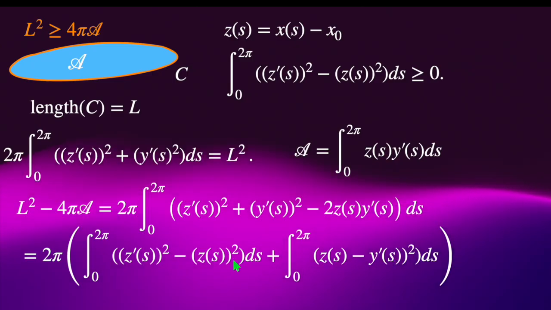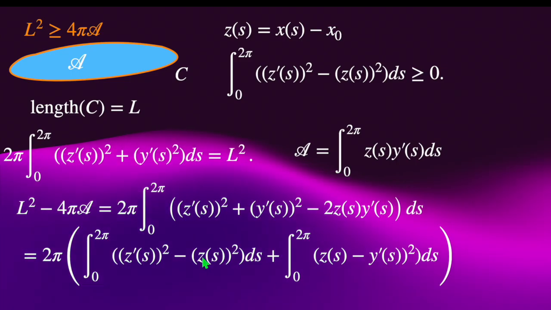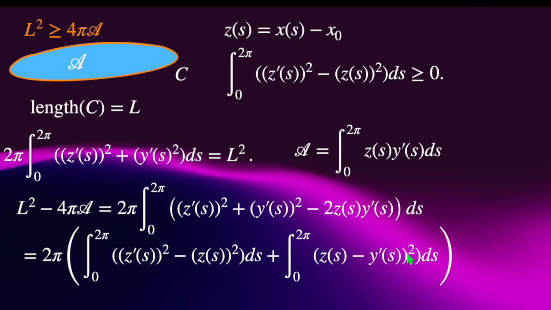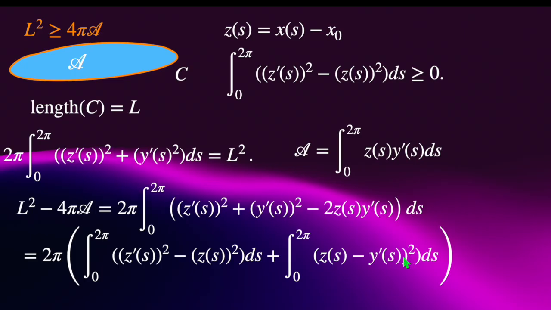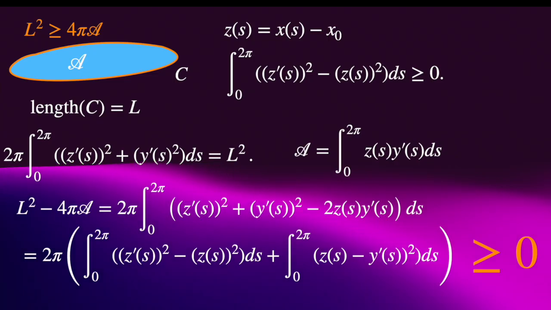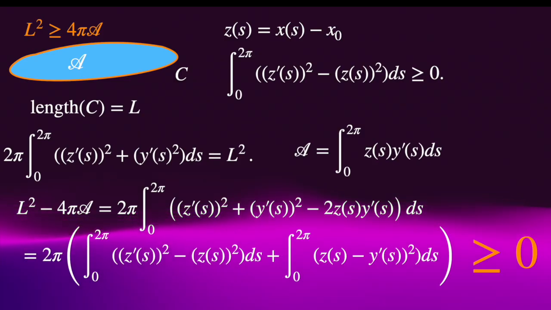If you expand these two quantities, you get this one easily. What is important here is that this integral is positive by Wirtinger inequality, and this one is positive because this function is a square and it is positive. So we have proved that L square minus 4 pi A is bigger than 0, and we get the isoperimetric inequality.